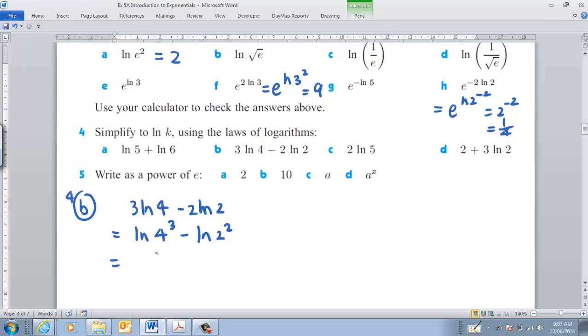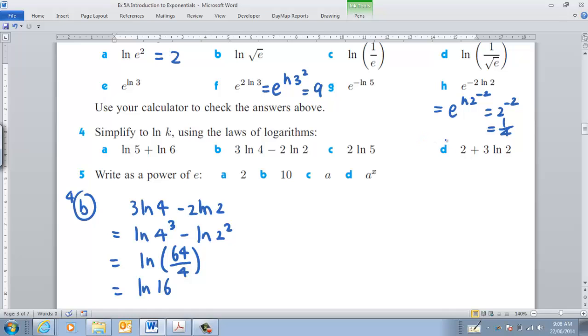Well, that's 4 times 4 times 4, which is 64. So that's ln of 64. Remember, when we're taking, we have to divide. So that's all over 4. So that's equal to ln of, 4 goes into there how many times? 16. Yep. So that's ln of 16, which simplifies that into the form ln of k.